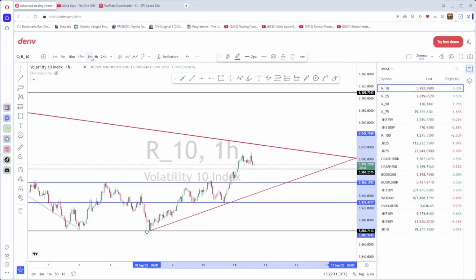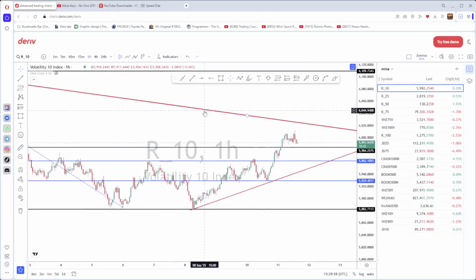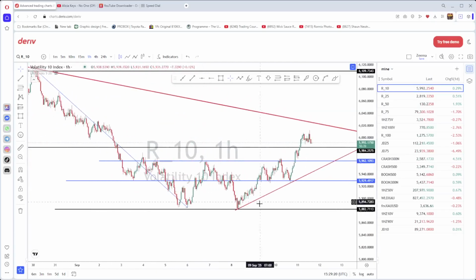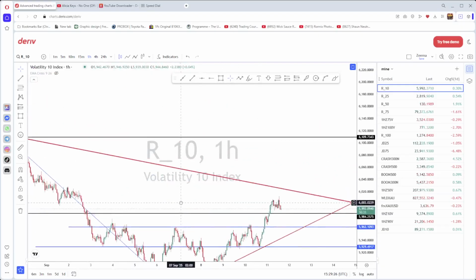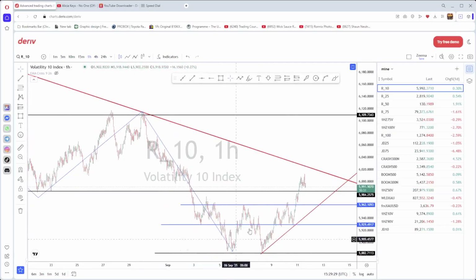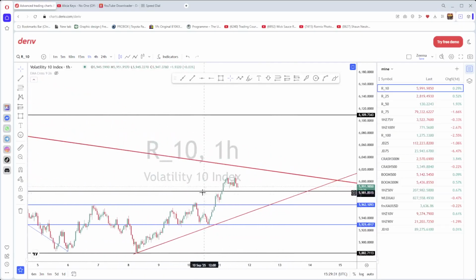The 1 hour switches before the 4 hour and before the daily. So looking at the daily uptrend, we can see the change of character going up into the pullback. So we're watching all of that.